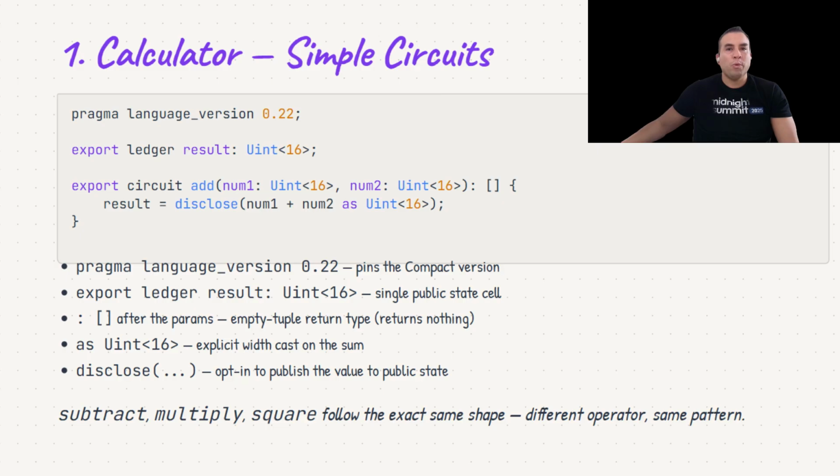And we wrap the whole thing in disclose. Remember that word. It's how we say publish this value to the public ledger. Subtract, multiply, and square are exactly the same shape with different operators. Once you have seen one, you have seen them all.